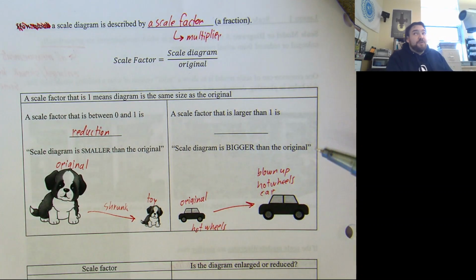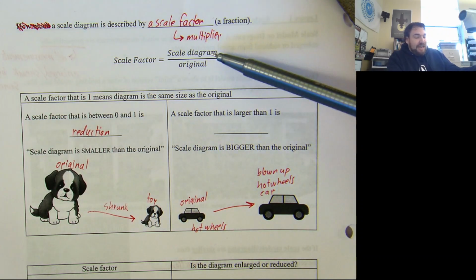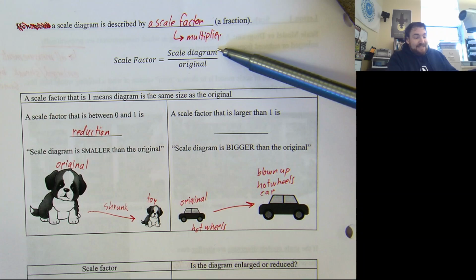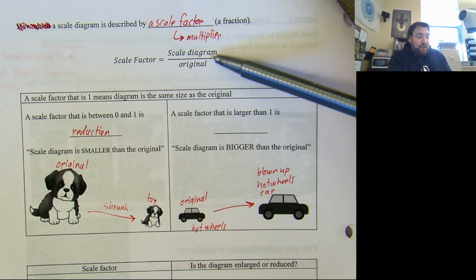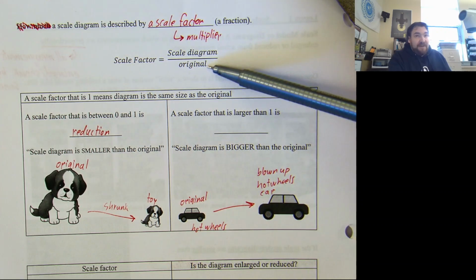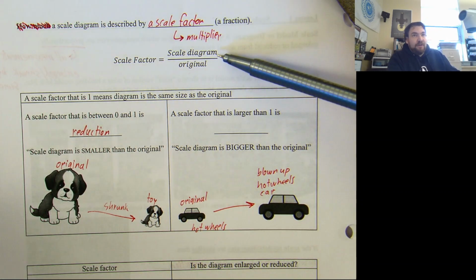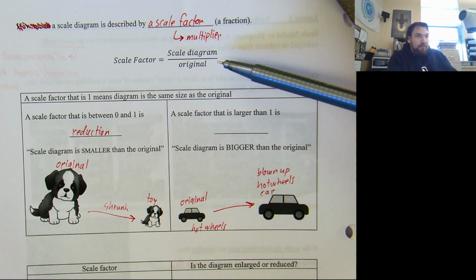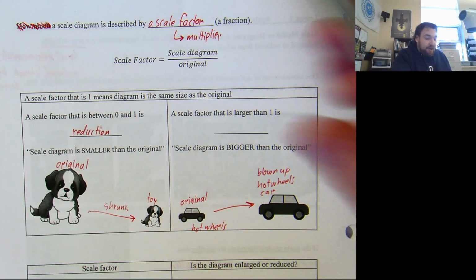So a scale factor, and this would give you, if your model is bigger than the original, you're going to have a larger numerator than denominator. If you have a larger numerator, it means you've got a mixed number or an improper fraction. It means that you're making this thing bigger. It's an enlargement.